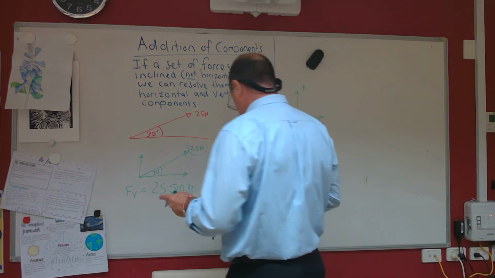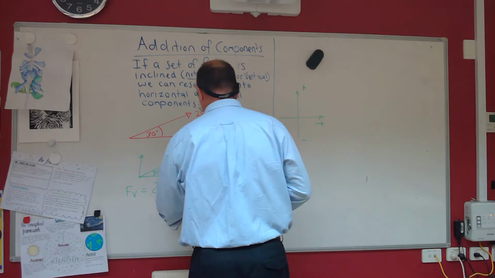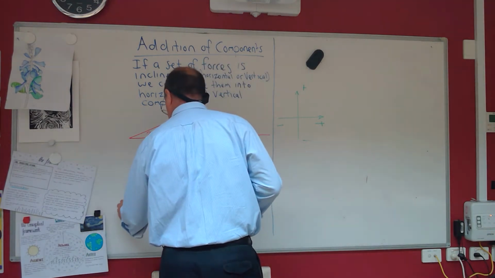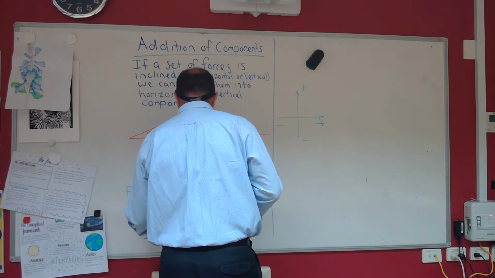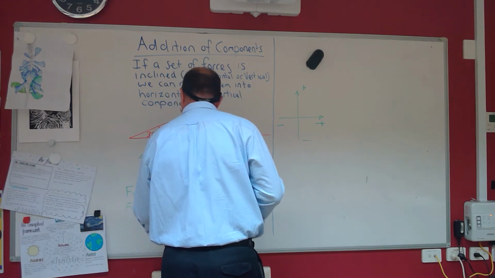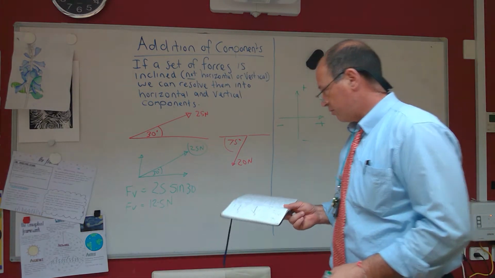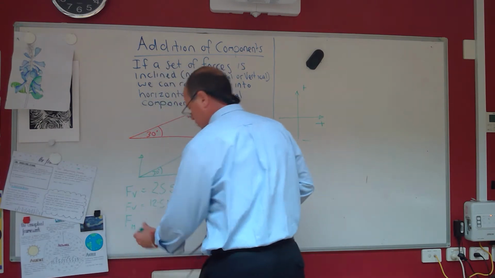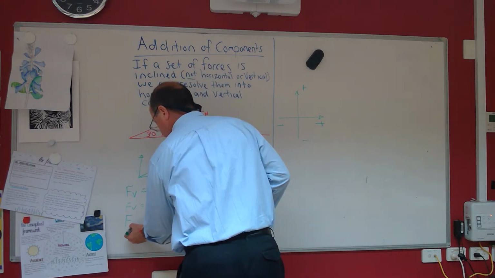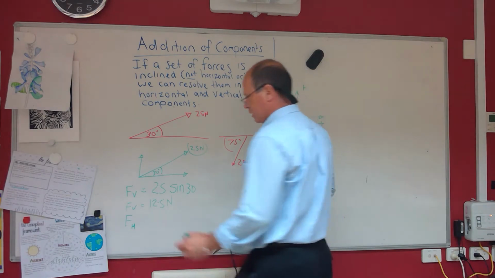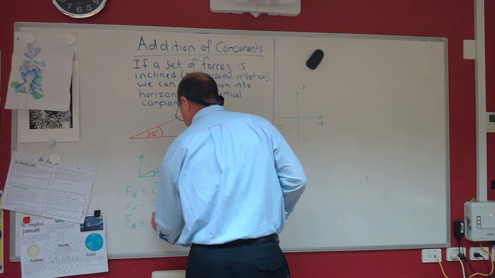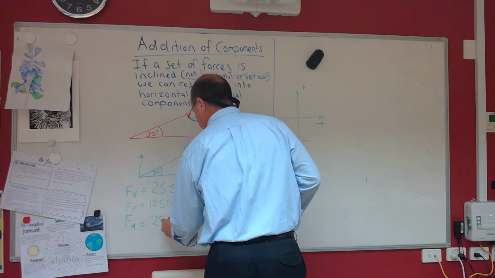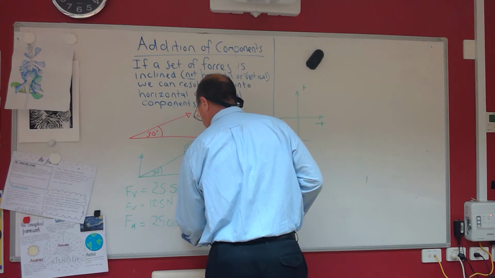When we do the maths for that in our calculator, we say 25 times sine of 30 degrees. We end up with force vertical is equal to 12.5 newtons. And then for our force horizontal, we go force subscript h for horizontal. It's equal to 25 newtons multiplied by, you guessed it, cos 30 degrees.